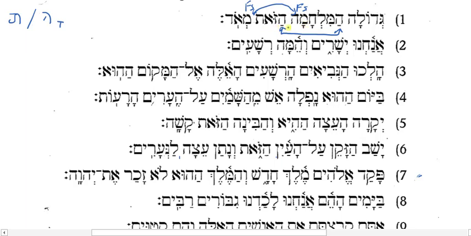This battle. Now notice gedolah is the same gender and number, but there is no ha and it doesn't go after the noun. So what kind of adjective is this? Predicative. It's a predicate adjective. And so I'm going to translate this not as this great battle, right?